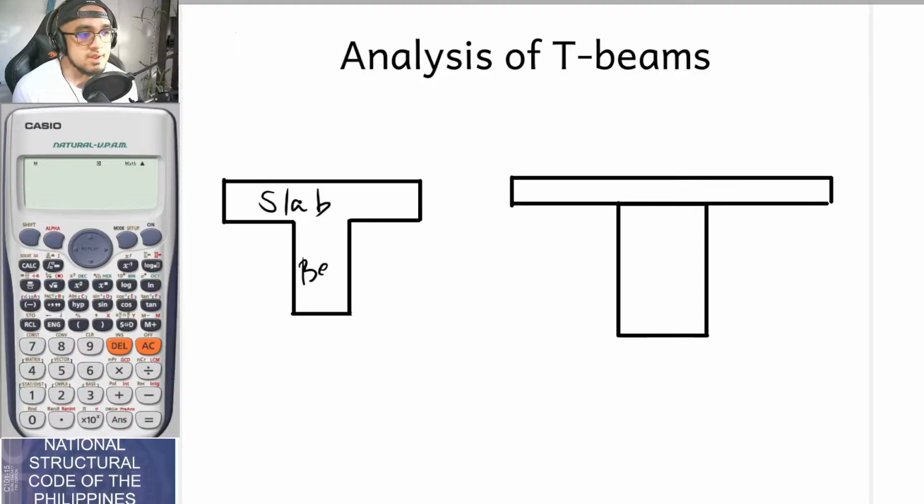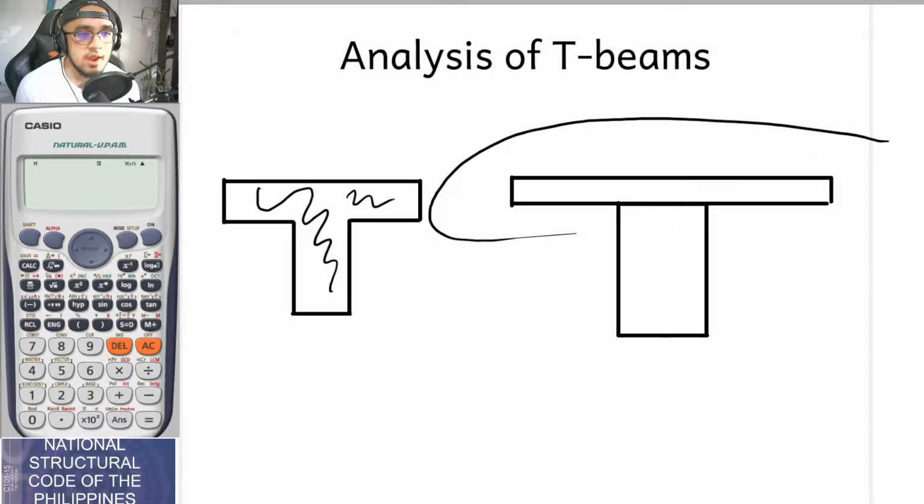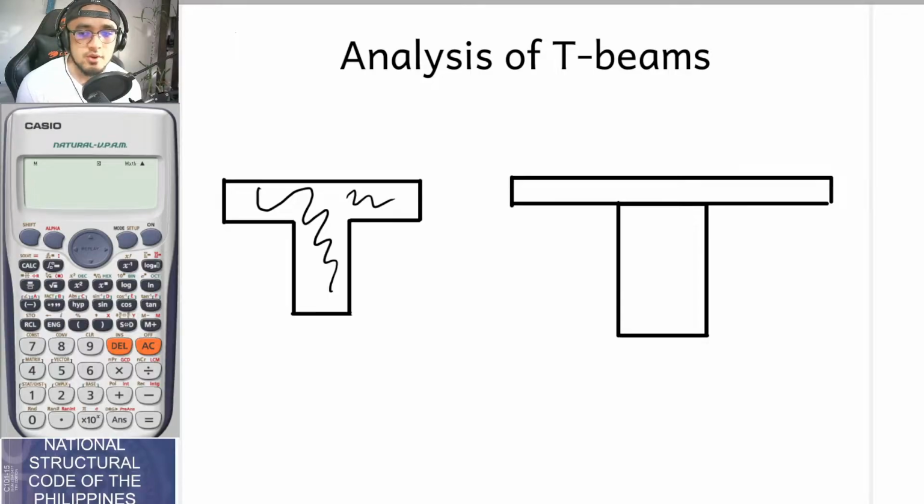When we say homogeneous, dikit-dikit yan throughout. Unlike your rectangular beam and slab combination, where the slab is just superimposed, nakapatong lang siya. So they do not act as one.